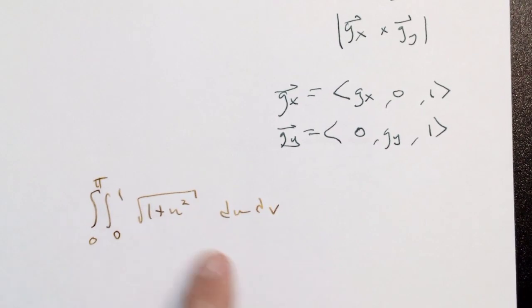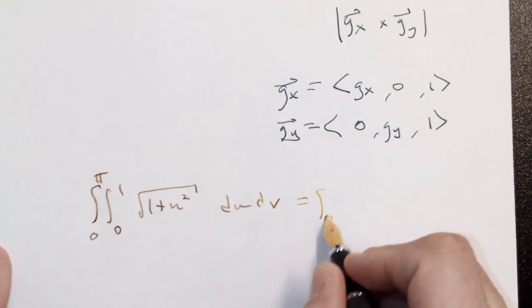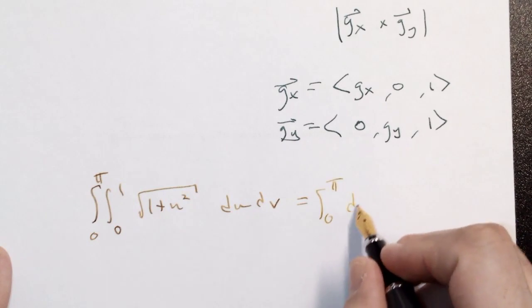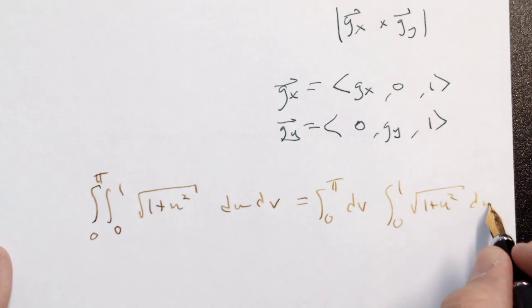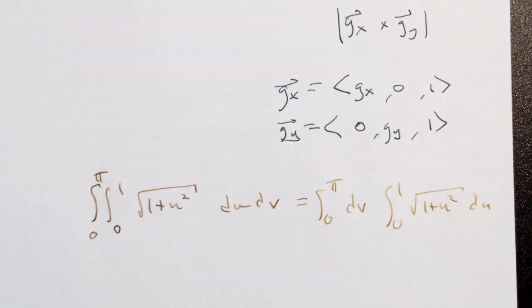Well, there's no v's anywhere in here, right? So I'm going to take that out. Now we go back to chapter 7. And I ask, how the hell do I do this integral of 1 plus u squared under a square root? Chapter 7, section 3.